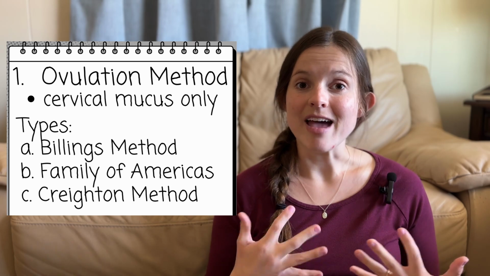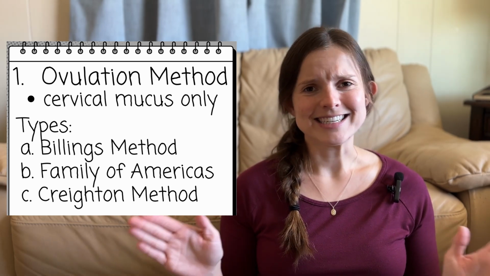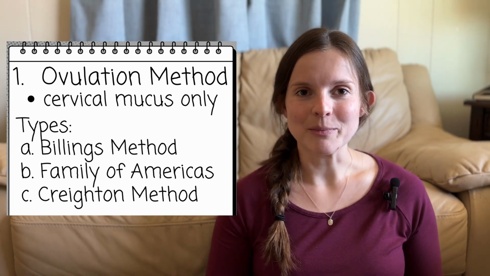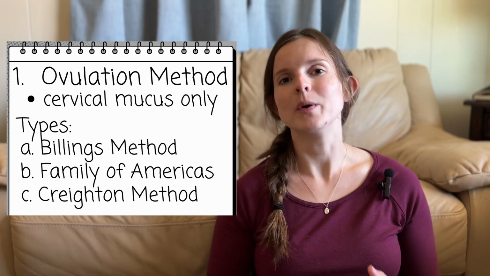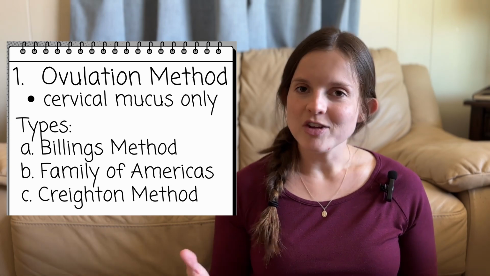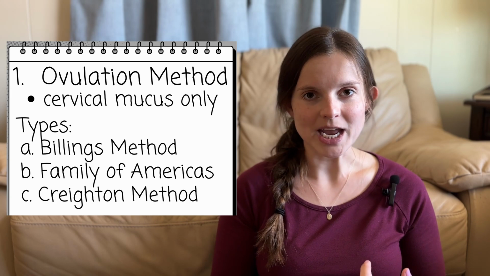These are the main three that I know of. Also, just a quick caveat, there's no way that this is an exhaustive list of all the methods out there. So I'll put some more links down below of places that you can look for other methods as well. But these are the ones that I'm most familiar with, the ones that I know other instructors who teach these methods. So for ovulation methods, I know of Billings, Family of the Americas, and the Creighton model.